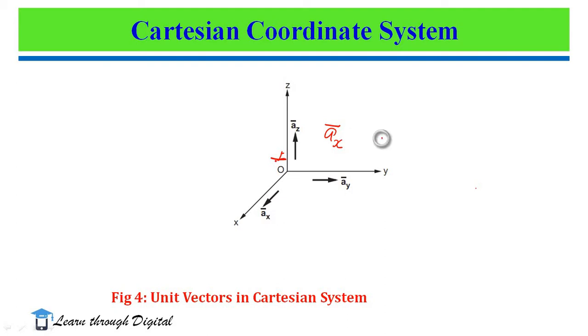So a_x vector means the unit vector along the x direction. Similarly, a_y vector is the unit vector along the y direction, and a_z is the unit vector along the z direction. So in the Cartesian coordinate system, a_x, a_y, a_z are the unit vectors or base vectors.